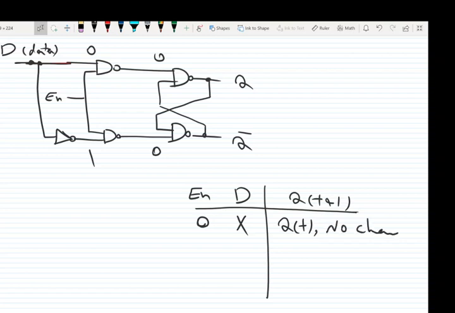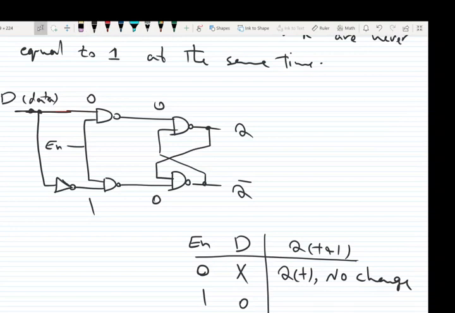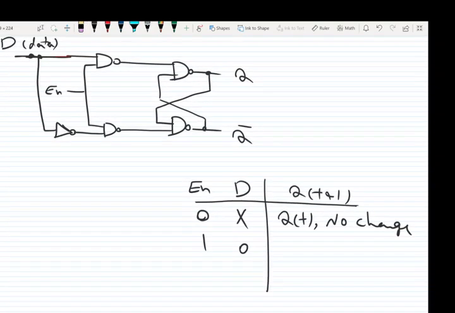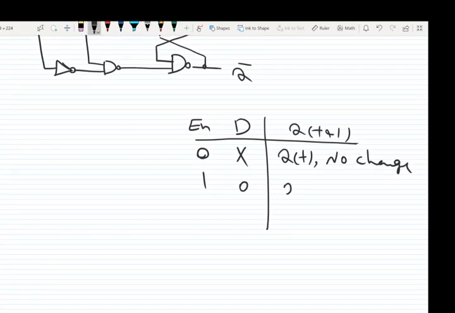If enable is 1 and D is 0, the output will be 0, which we call the reset state. If enable is 1 and D is 1, the output will be 1 and we call it the set state.